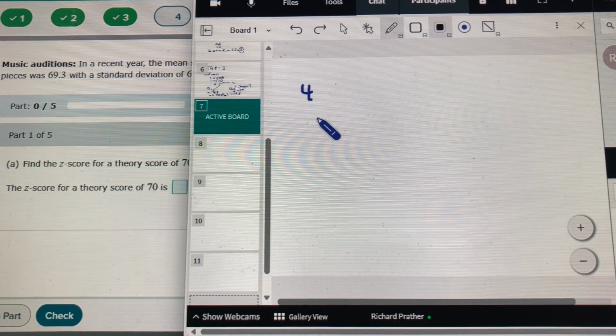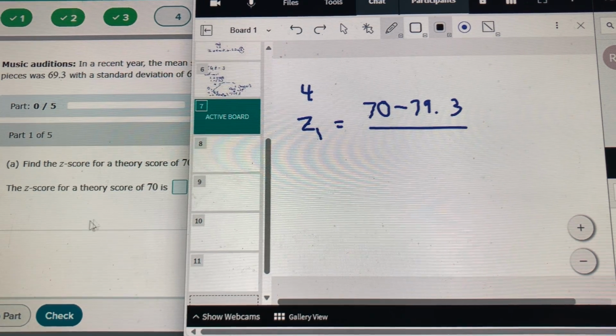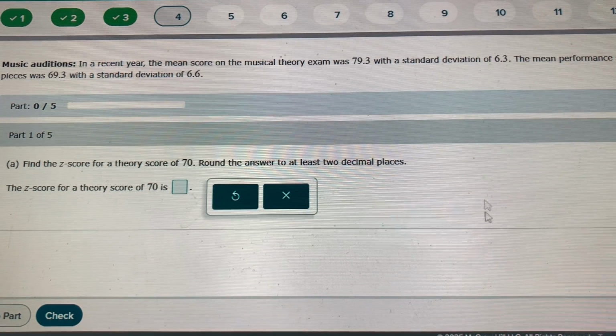So for the music theory, which we'll call Z1, the person got a 70. That's their actual value. The average was 79.3, and the standard deviation was 6.3.